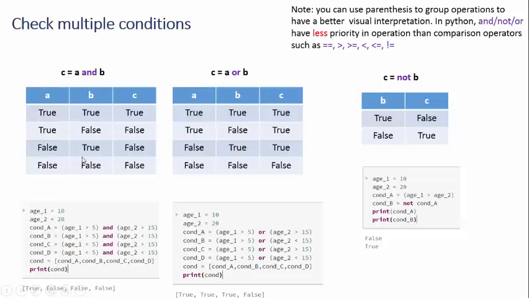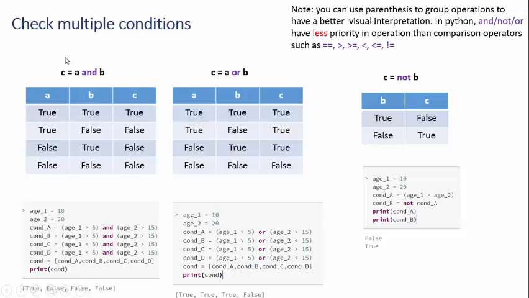Okay, so in this particular case, I list how the AND operator is going to work. The AND operator works like this: when A and B are both true, then C is true. Otherwise, C is false. So we have all the combinations with A and B: true, true; true, false; false, true; or false, false.